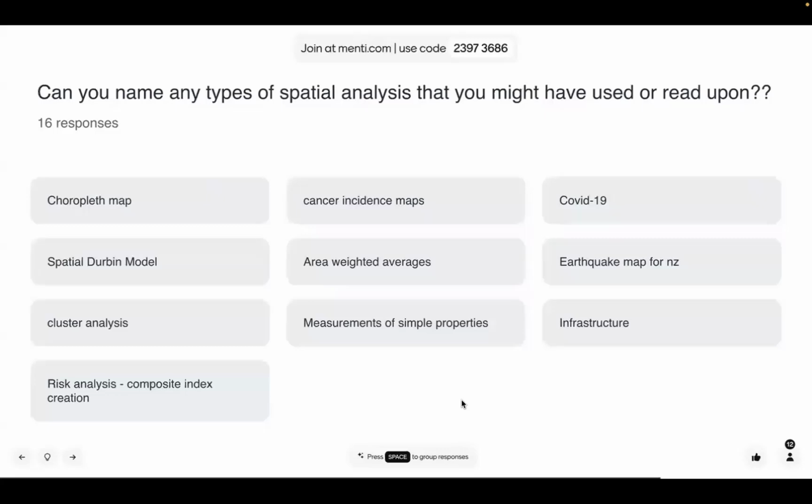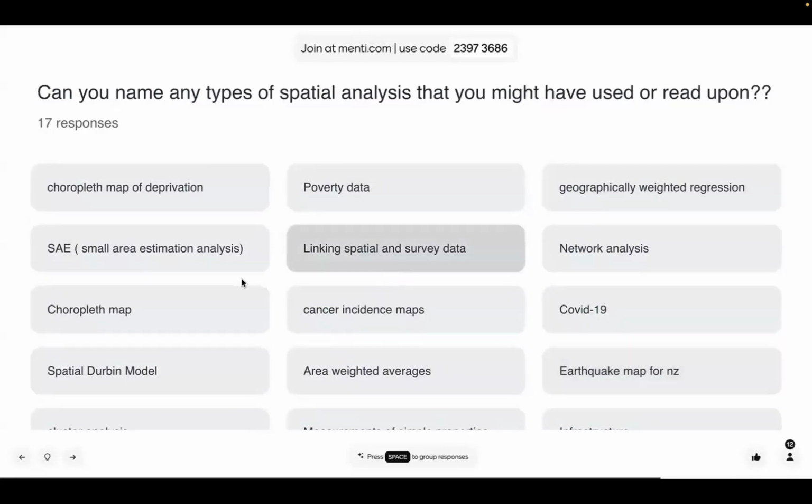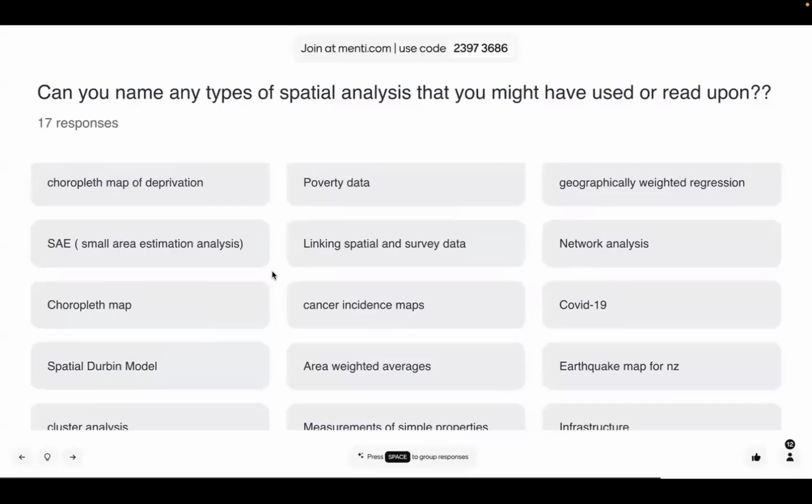Earthquake maps, yeah, that's a good example. Hypothesis testing, great example again. We then have small area estimation analysis. Yeah, this is a great example and one that we're vaguely going to touch on tomorrow. But SAE is a technique basically used to create reliable estimates for smaller geographical areas or subpopulations where the data is insufficient.